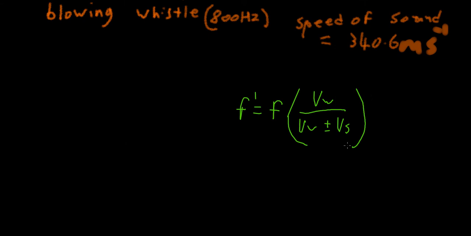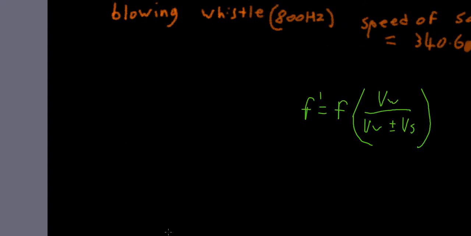The velocity of the source is how fast the observer is moving. Our velocity of the wave is just the speed of sound, and if you're not given the speed of sound, you can safely assume that it's 340 meters per second. Forget the 0.6, that's just in this example question. So we can get started.